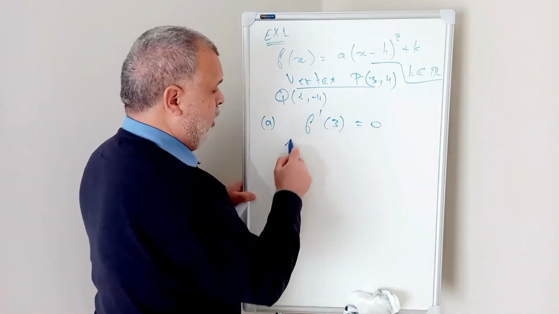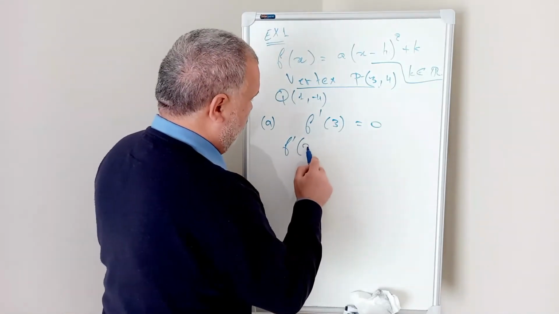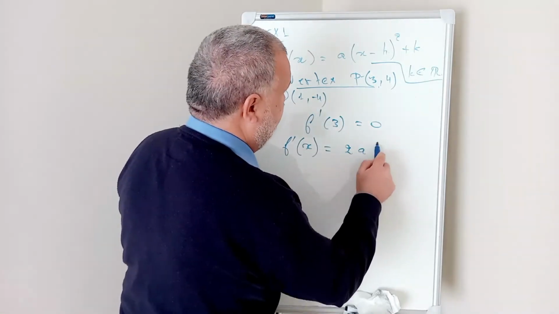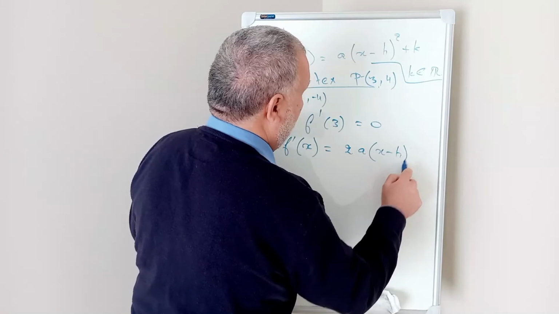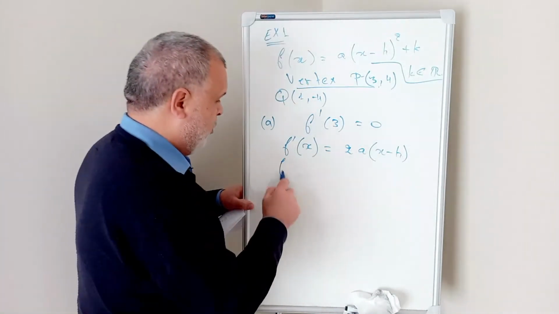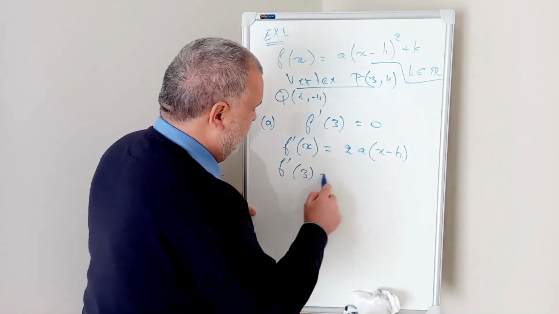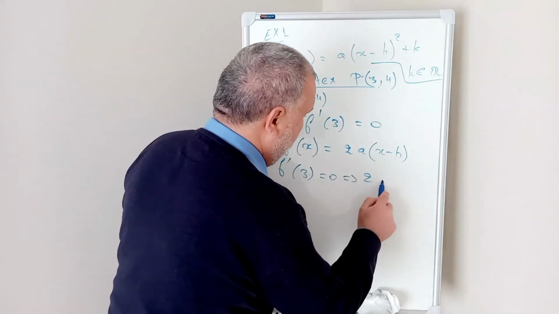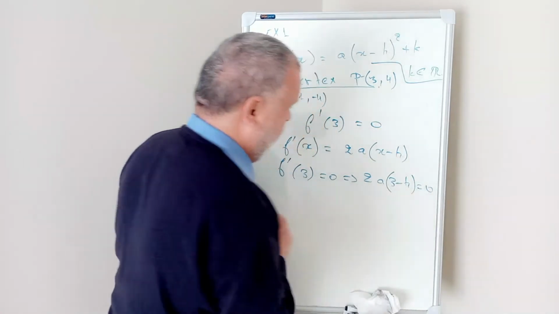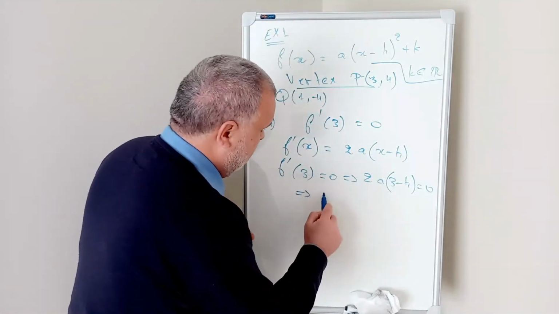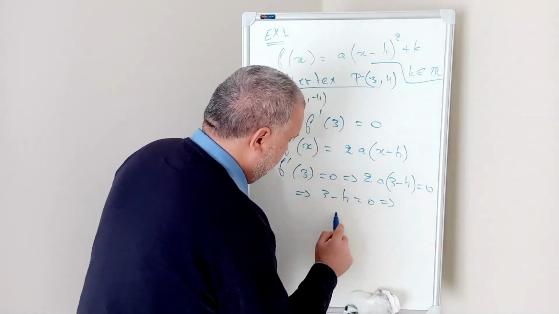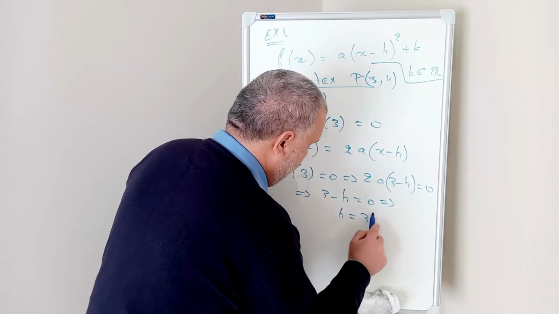So first of all, I will calculate f dash of x is equal to 2 times a times (x minus h). Now we have f dash of 3 is equal to 0, which means 2 times a times (3 minus h) is equal to 0, and that means that 3 minus h is equal to 0, so h is equal to 3.